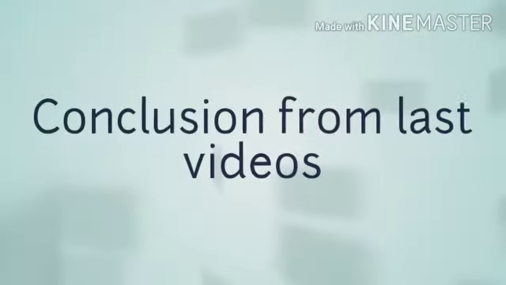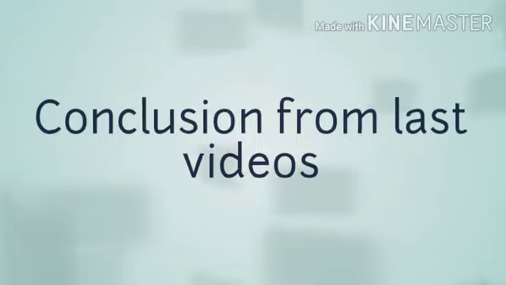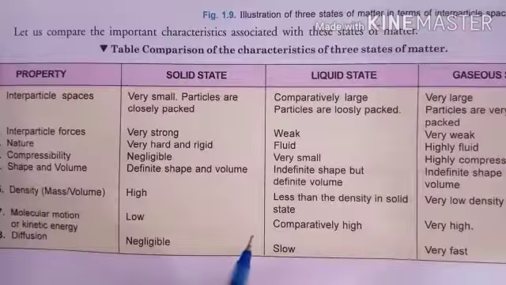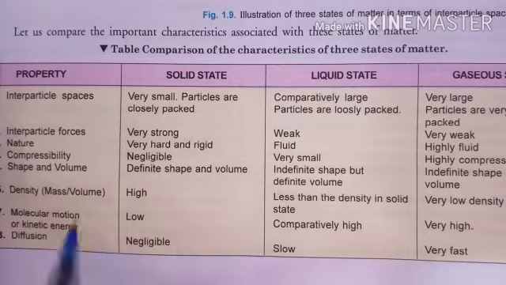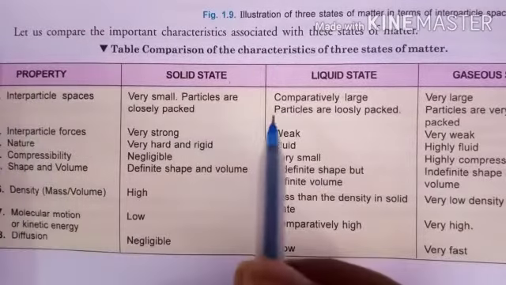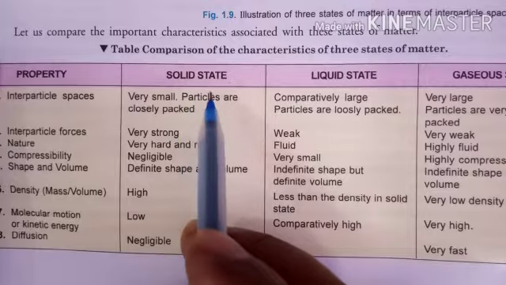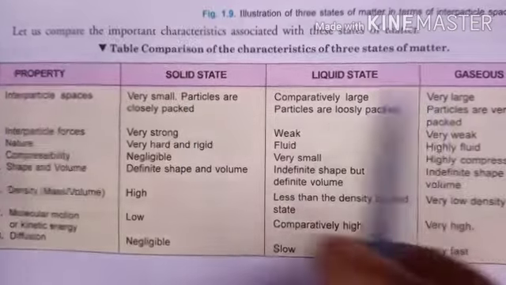Hello students, in our last videos we had discussed the characteristics of solid, liquid and gaseous states of matter. All of these we can summarize as given in this table, where the different characteristics of solids, liquids and gases have been compared.